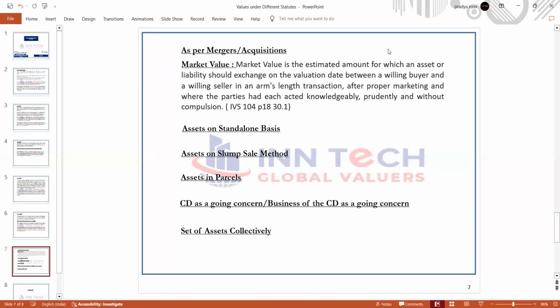Standalone basis means as is where is. If you have to sell the asset, what will be the value? Among all these, the assets under slump sale will be the least one. Assets in a slump sale means they don't want to attribute certain values to each and every asset. They say in lump, how much will be the entire value of the assets. So they don't go asset by asset individually.